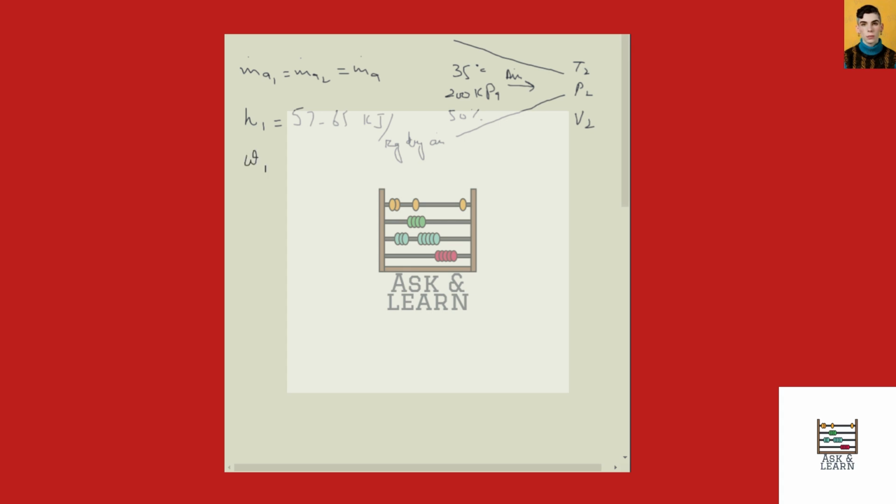Specific humidity at 1 is equal to specific humidity at 2, which is 0.00880 kilogram of water per kilogram of dry air due to no condensation.